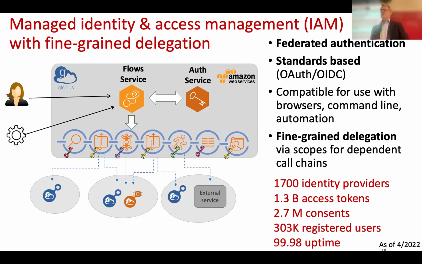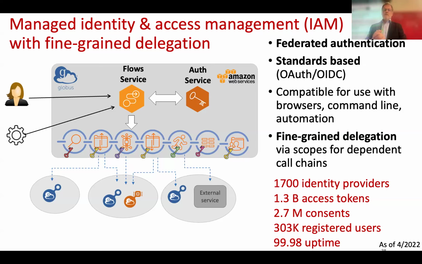So what one wants to be able to do is to delegate or assign to the program that's running on your behalf, in this case the Globus Flow, the right to perform all of those actions on your behalf, but in such a way that the entity that you're assigning them to can't do other actions, and also other people who aren't assigned those rights can't do those actions or any actions. And so you end up with this need for what we call fine-grained delegation, which is quite a complex and interesting computational problem.